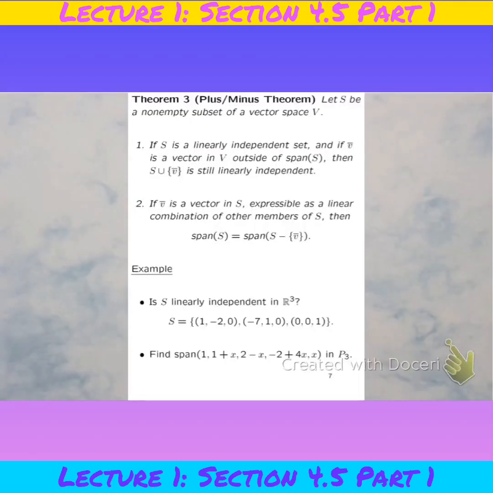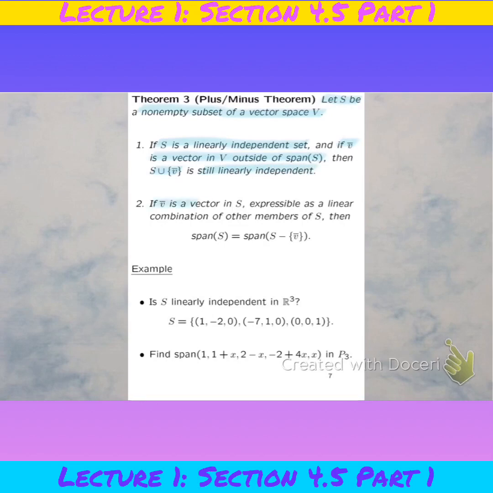Right, so next we have Theorem 3, which is the plus-minus theorem, and it's a very important theorem. If S is a non-empty subset of a vector space V, then the plus-minus theorem states that if S is a linearly independent set, and there's a vector V outside of the span of S, then you can add the vector V to the set S, and the resulting set will still be linearly independent.